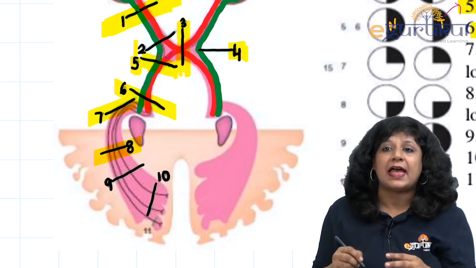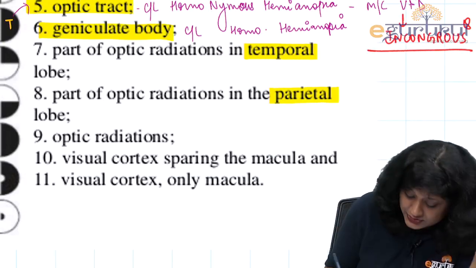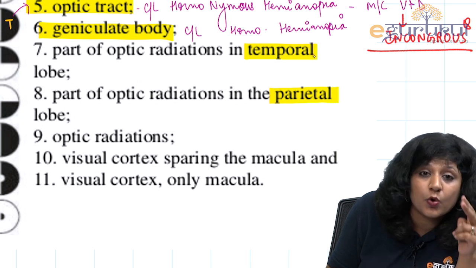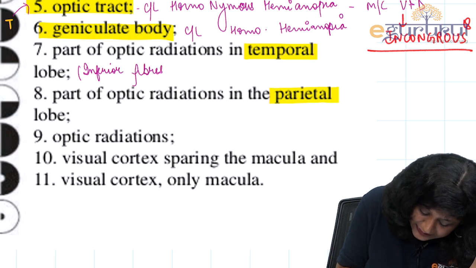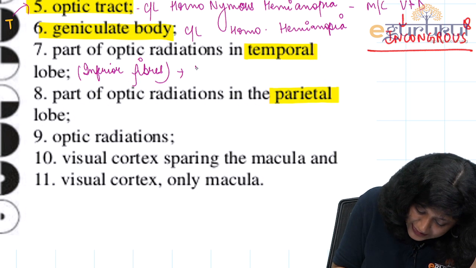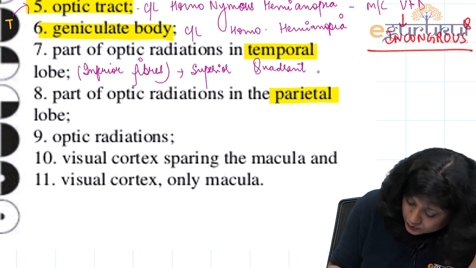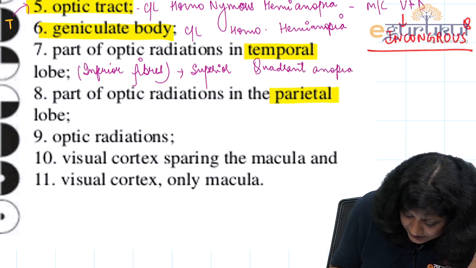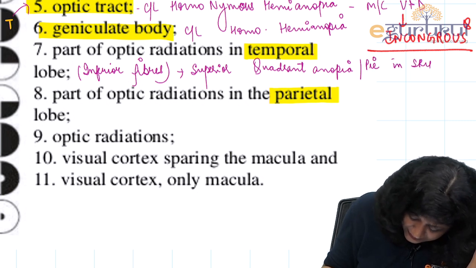Now what will happen if it is the part of the optic radiations which are in the temporal lobe? That means it will affect the inferior fibers, and because it is affecting the inferior fibers, I will get the superior quadrantanopia. Superior quadrantanopia is called the pie in the sky appearance.